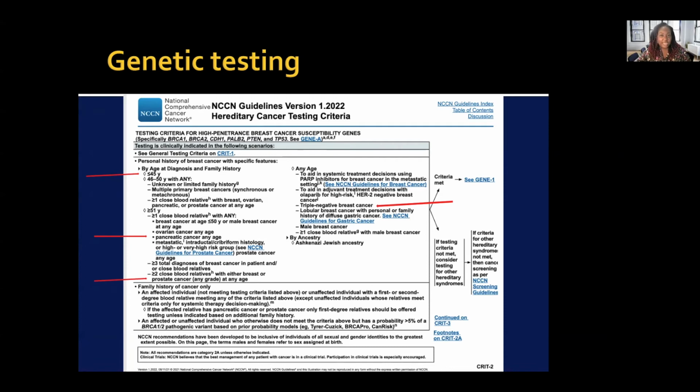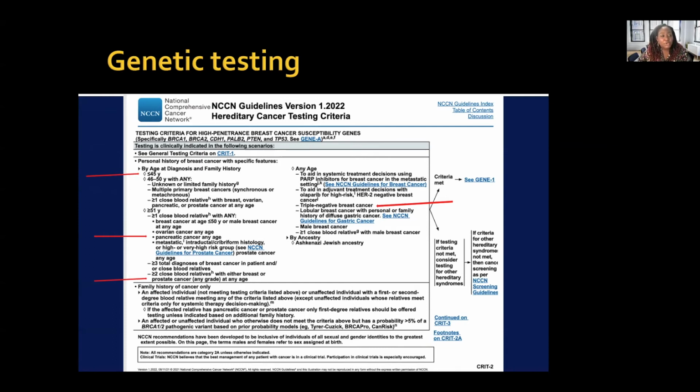If these are the national guidelines, then these patients usually get their genetic testing covered and paid for. So, really, any patient who is diagnosed at age 45 or less, or a patient diagnosed between age 46 to 50 with any of the following: if they have an unknown or limited family history, which happens a lot in patients who may have had a family member die when they were very young, or patients who are adopted or orphaned, who may not know all of their history.